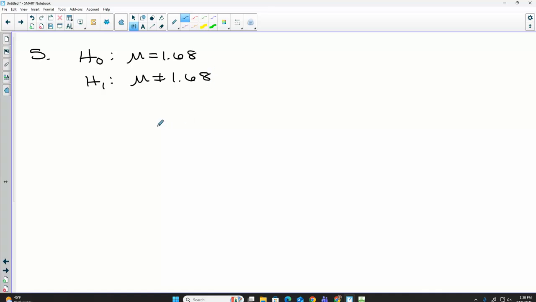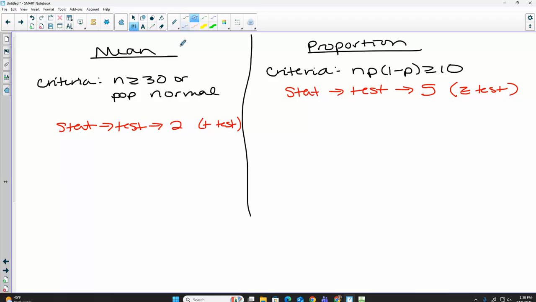This time I'm asking for a confidence interval. All right, if I'm talking about a mean, am I looking for things involving z or t? Mean is t. All right, so stat test, which one is a t interval?